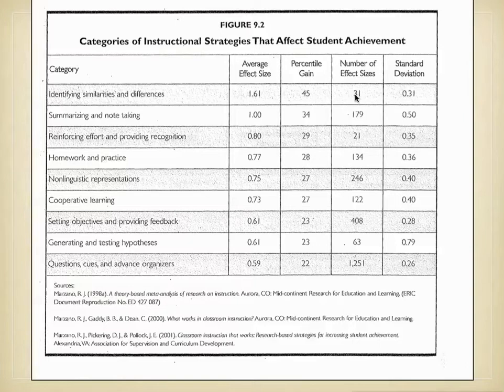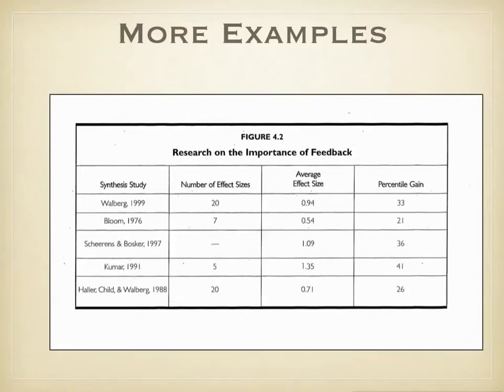So he will be referencing 31 studies here to come up with his average effect size. Setting objectives and providing feedback, he studied 408 studies to come up with this number here, which speaks to the whole idea of validity.